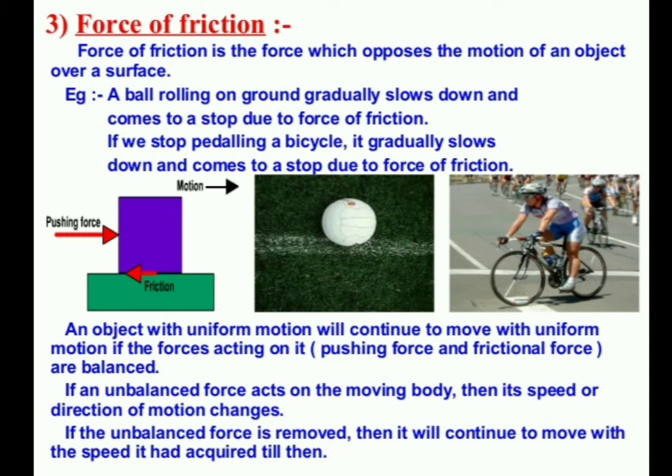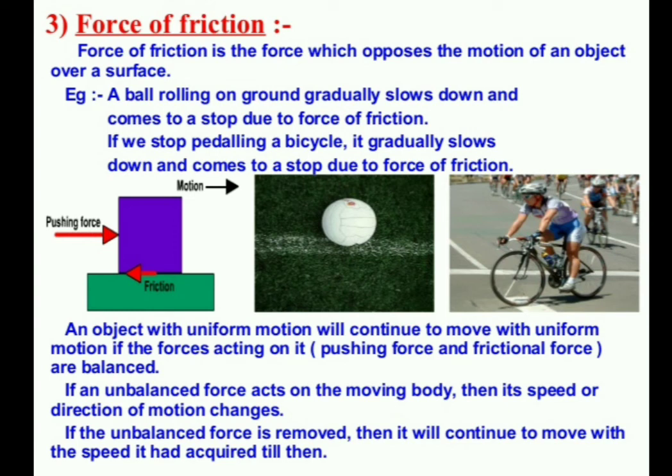One more point we will discuss from force of friction. An object with a uniform motion will continue to move with a uniform motion if the forces acting on it, the pushing force and the frictional force, are balanced. This is a very important aspect. If the object is moving continuously in uniform motion, why is it so?